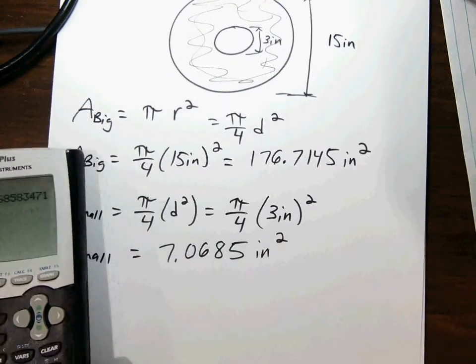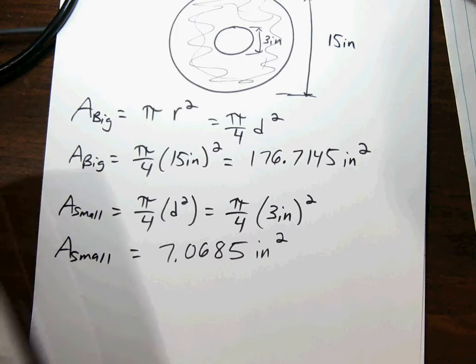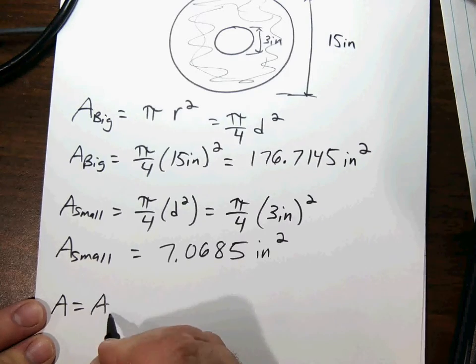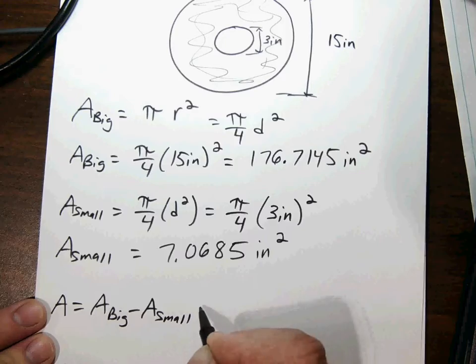I want to know what's the area just of the part in between, okay? What am I supposed to round this to? The nearest tenth when we get there. So area is going to be area of the big minus area of the small.